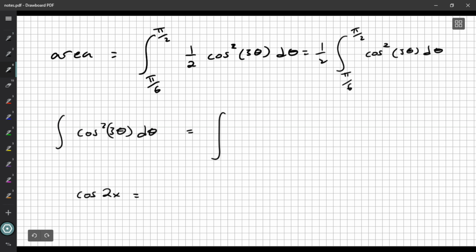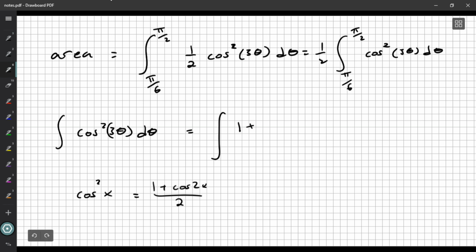Remember, cosine squared x can be rewritten as 1 plus cosine 2x all over 2. Just using trig identities.